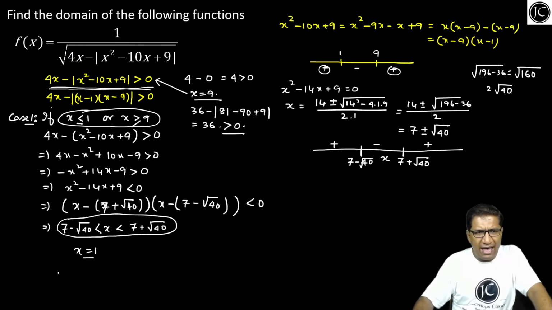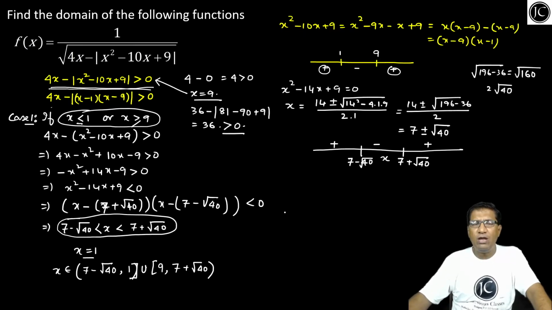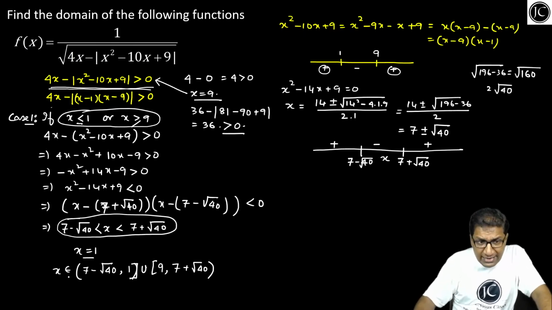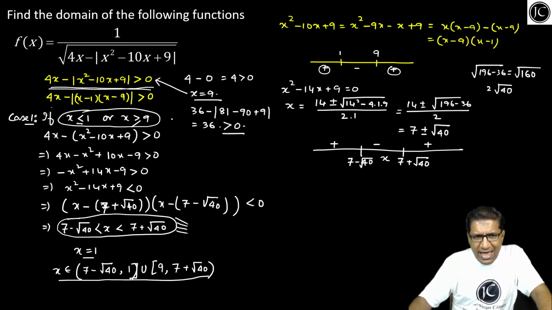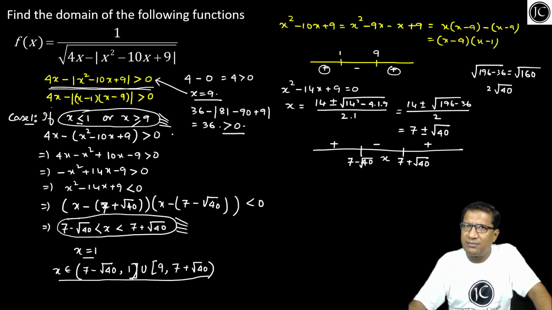We are going to have x belongs to (7 minus root 40, 1] closed, or [9, 7 plus root 40) open. Is it clear? So this thing is satisfying this one as well as it is satisfying this one, right?